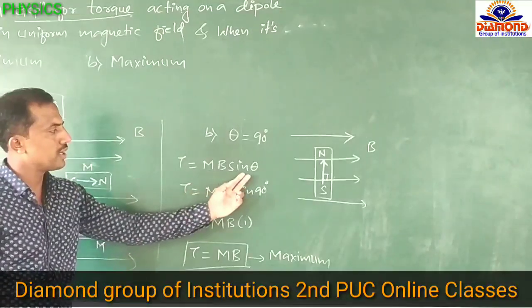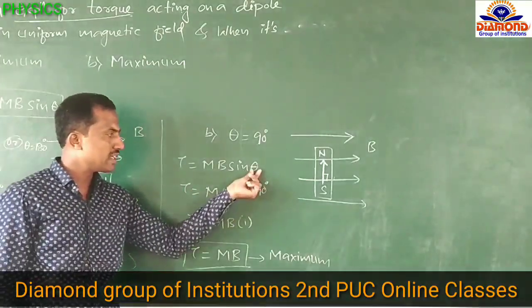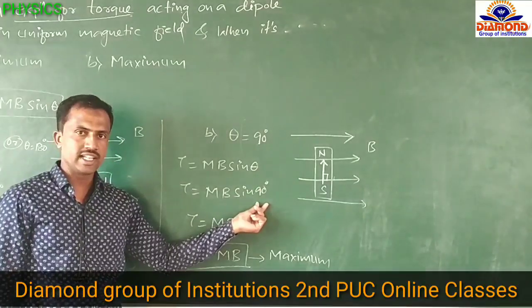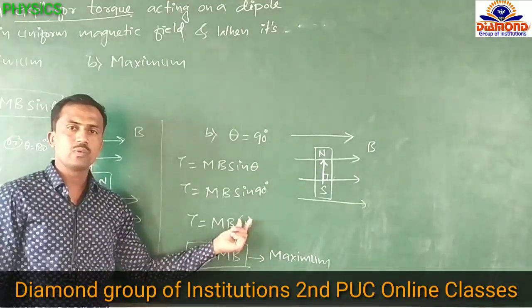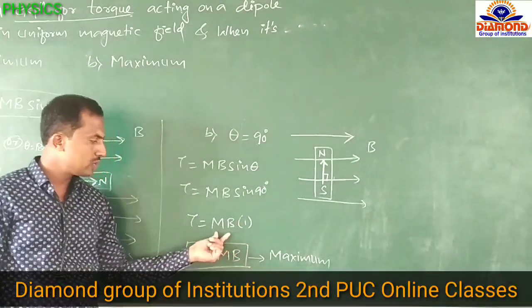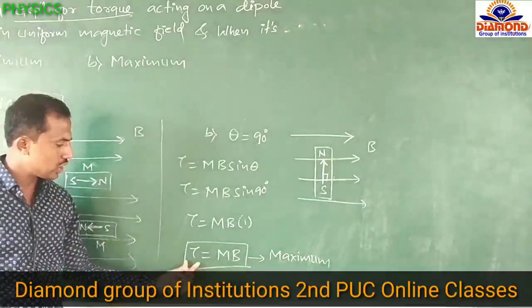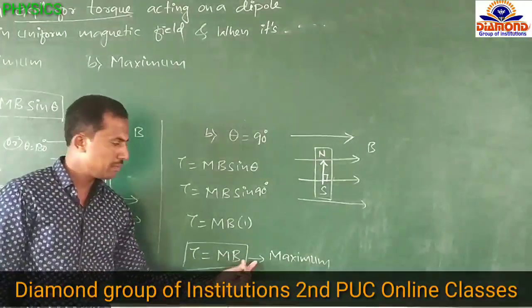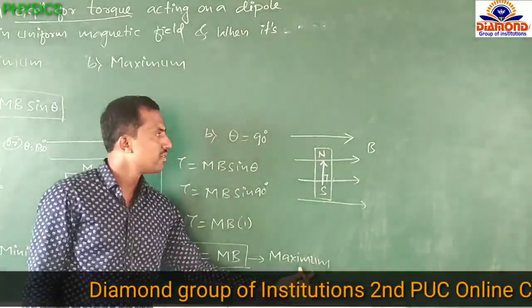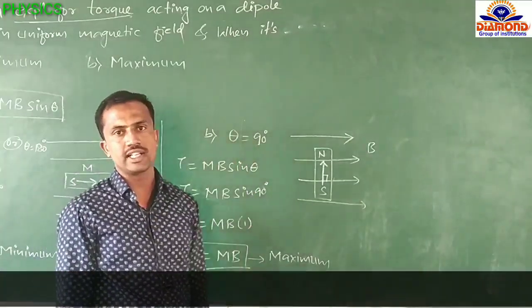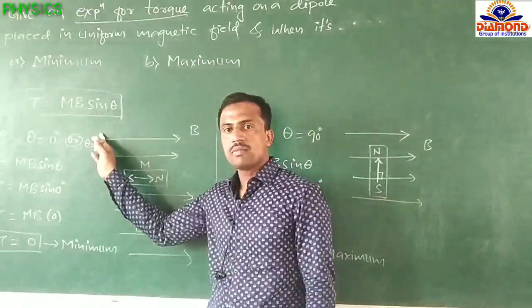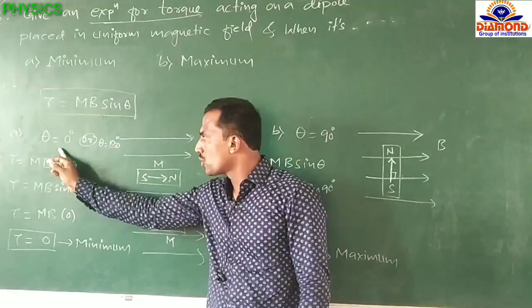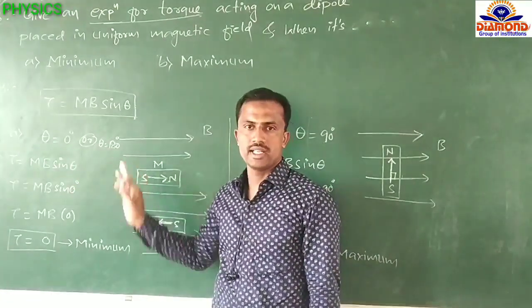Torque tau equals MB sin theta. In place of theta, we write 90 degree. Sin 90 degree is 1, and 1 into MB means MB. Then torque tau equals MB, meaning torque is maximum when theta equals 90 degree and minimum when theta equals 0 degree or 180 degree.